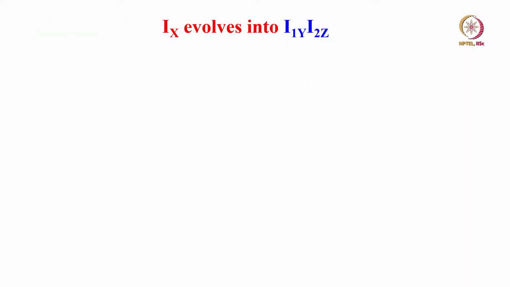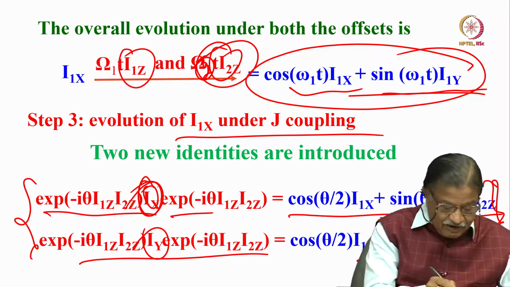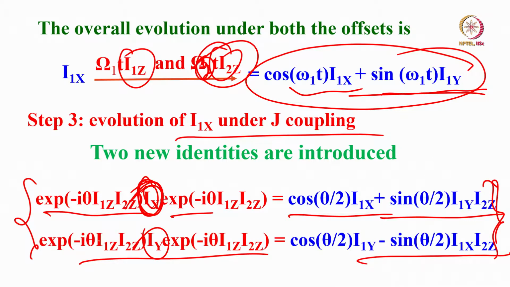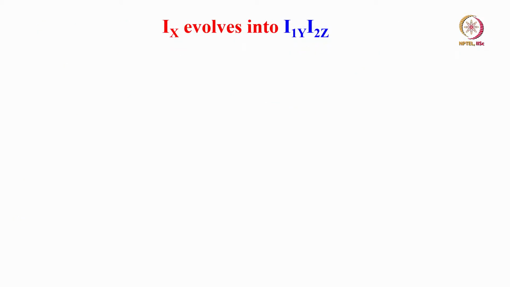Now, what do you understand from this? When Ix is evolving under J coupling, the in-phase term evolves into I1y I2z. What is I1y I2z? I told you it is an antiphase term.